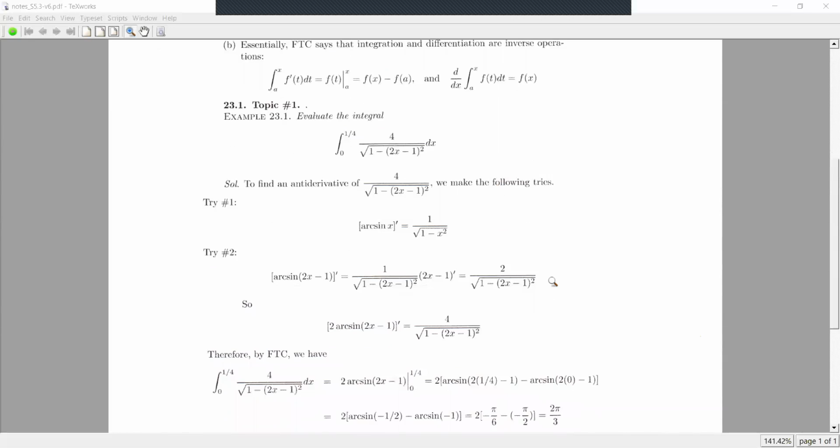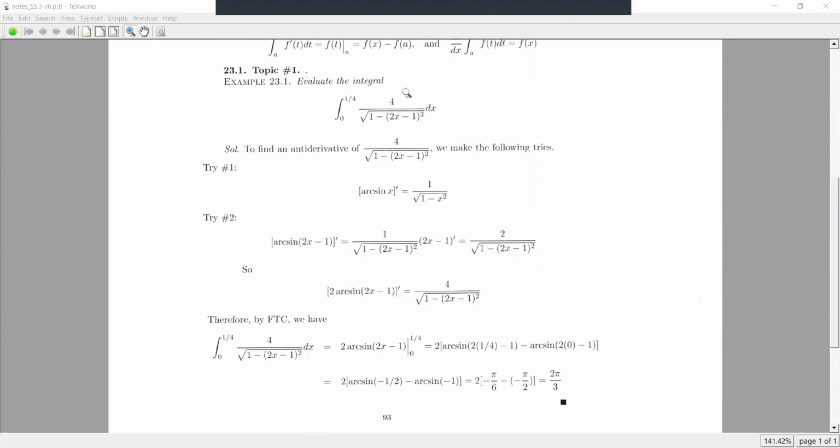This function looks, in structure, like 1 over the square root of 1 minus something squared.